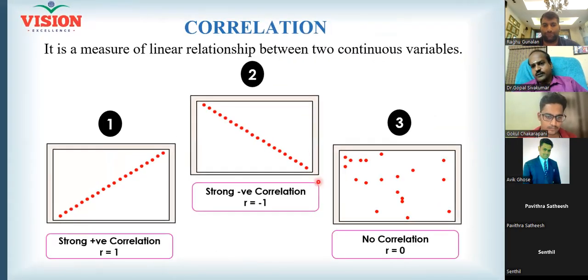And before going for correlation and regression, I strongly suggest all of you to plot a diagram called a scatter diagram. Scatter diagram is one of the 7 QC tools which you can use to study the relationship between two continuous variables.